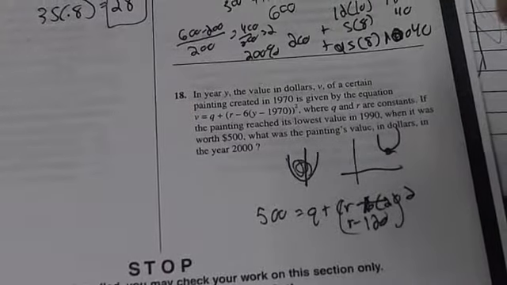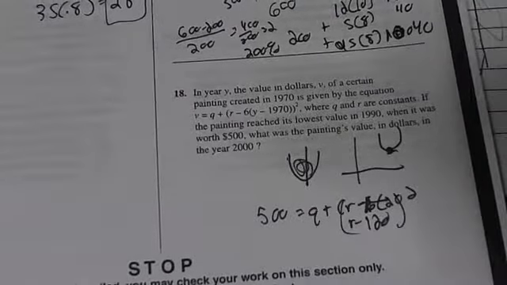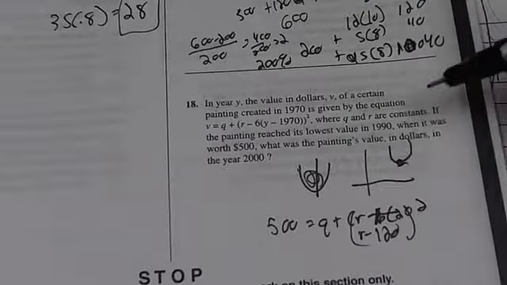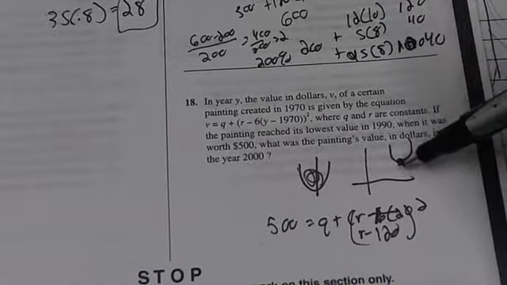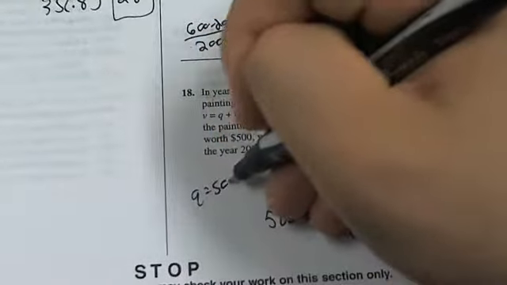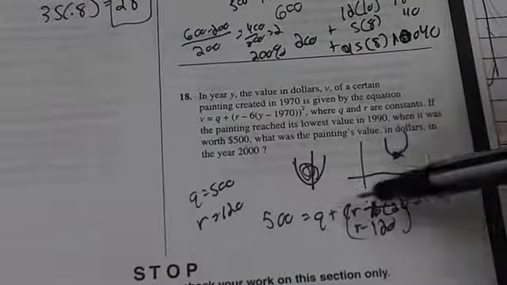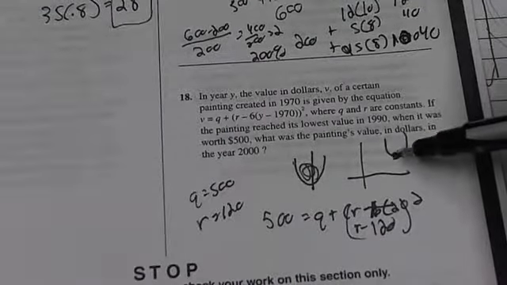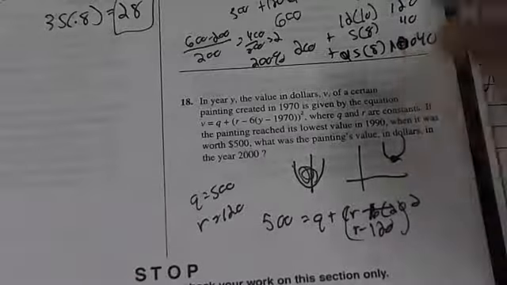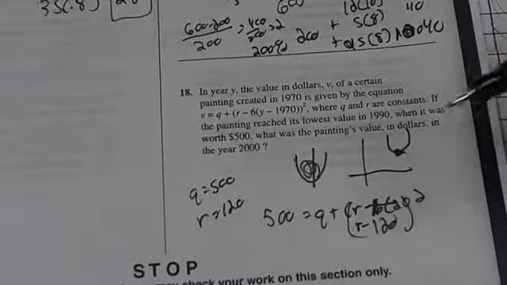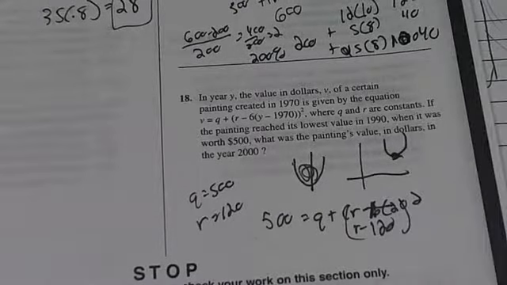Since it said that is the lowest value, this has to be 0, so Q has to be the bottom number, the vertex. So Q is 500 and R has to be 120. Everything else can only go up. So Q has to be the lowest number, which is 500. So in order for Q to be 500, R has to be 120.